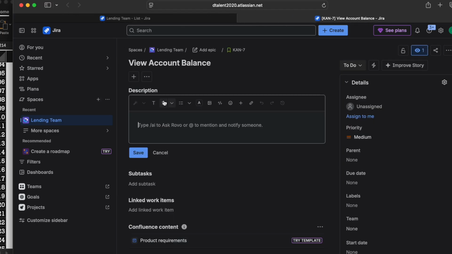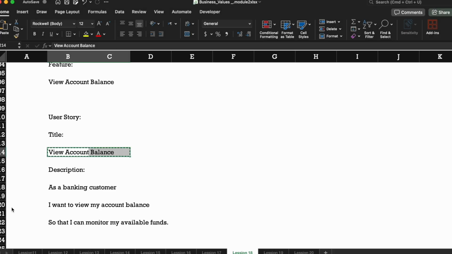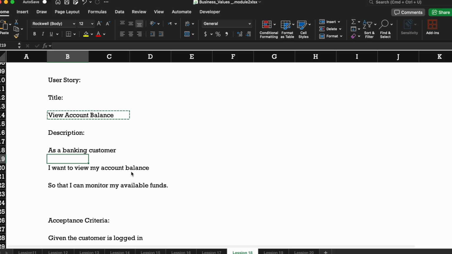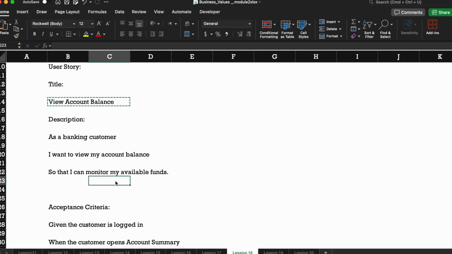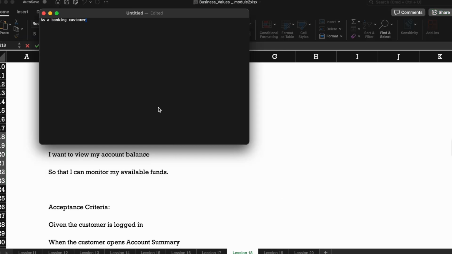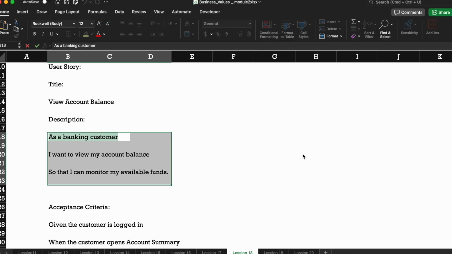The description is empty now. I'll copy paste the description. As a banking customer, I want to view my account balance so that I can monitor my available funds. This is what I'm going to copy. Let me paste it here. It didn't get copied.